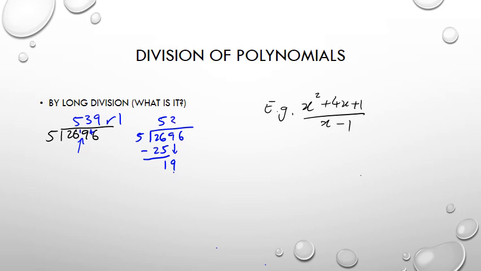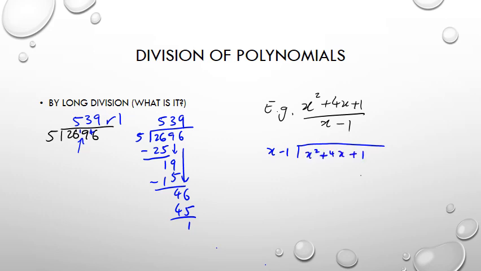It's exactly the same, it just shows all the intermediate steps, like so. So, when we're doing division with polynomials, we're going to do the same thing. We have x minus 1, and then x squared plus 4x plus 1.